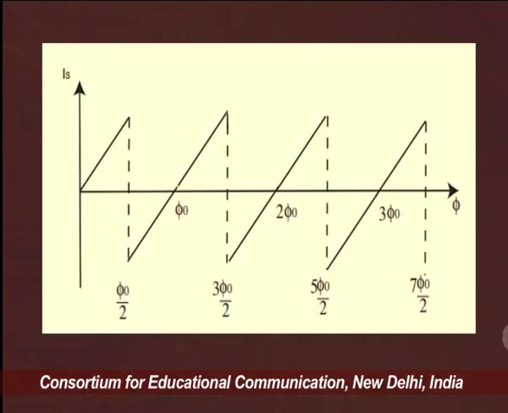The variation of IS, the screening current, is shown in the diagram. As you can see, phi is changing: phi naught by 2, then 3 phi naught by 2, then 5 phi naught by 2, and so on. This clearly indicates that the screening current changes its sign when the applied flux reaches half a flux quantum.